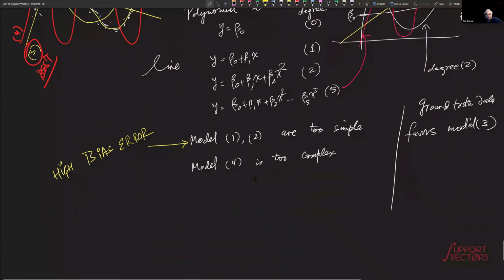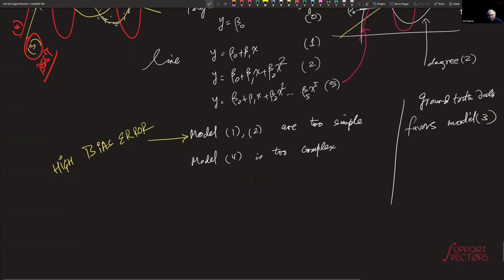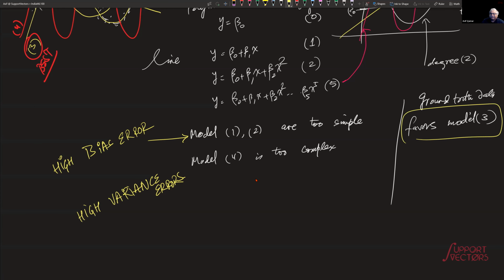So models simpler than the reality will tend to have high bias errors, and models more complex than reality will have high variance errors. And so what you need is a model which the data favors, in which the bias and variance errors are mostly as low as possible, right? So the question is, how do you do that?